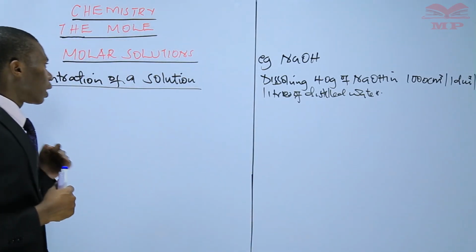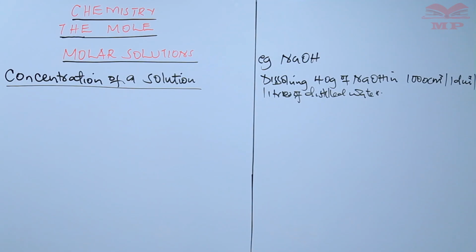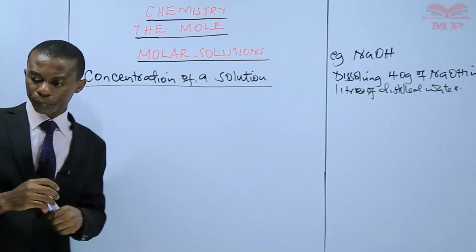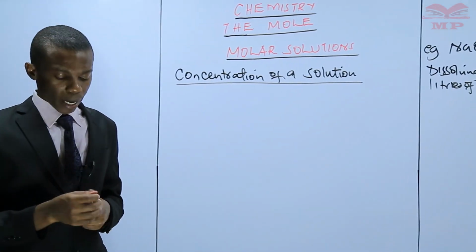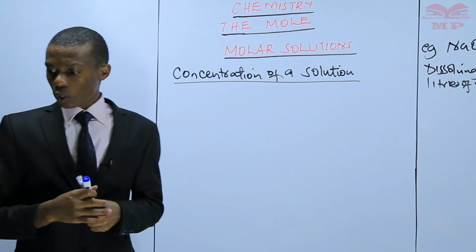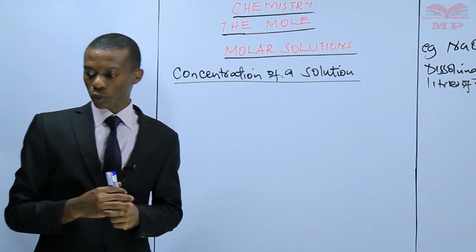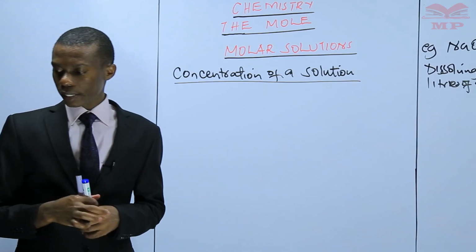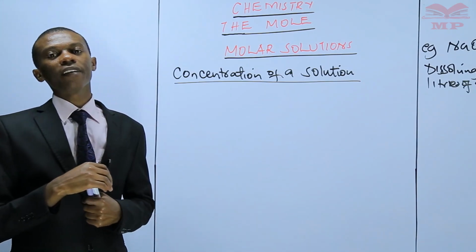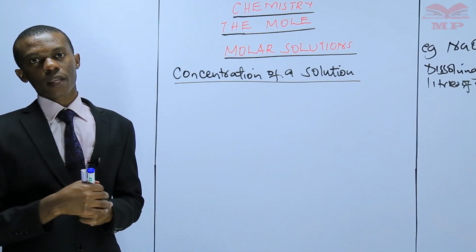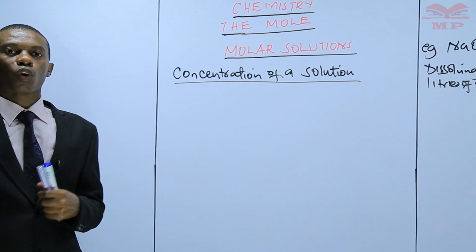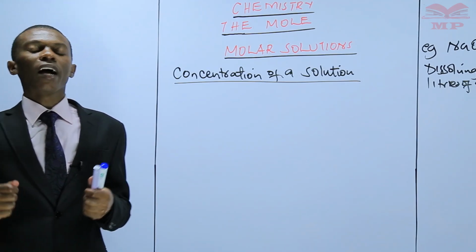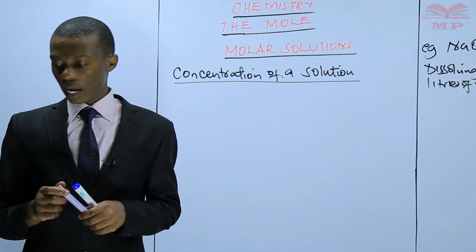In this lesson, I want us to focus on the concentration of a solution, and I want to start by defining it. Concentration is the amount of a solute contained in a given volume of a solution.